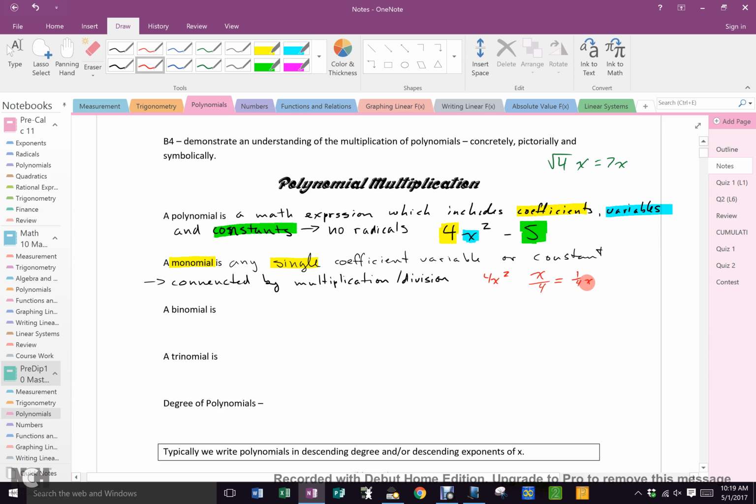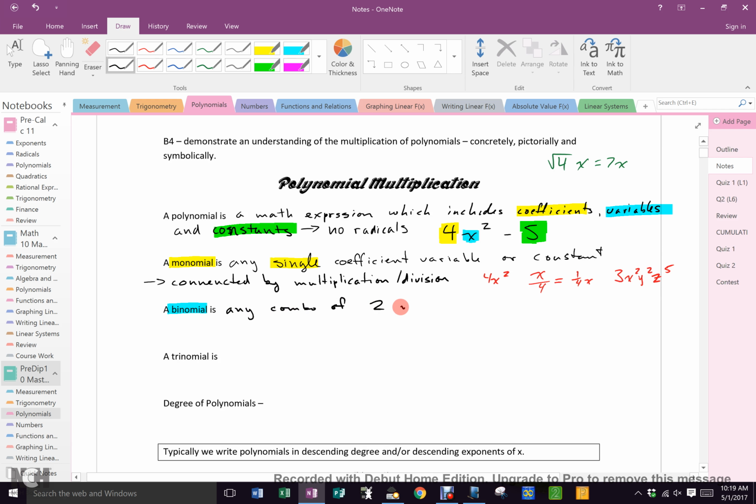Cool? 3x squared y squared z to the 5th. Still a monomial because it's all multiplied. Got it?